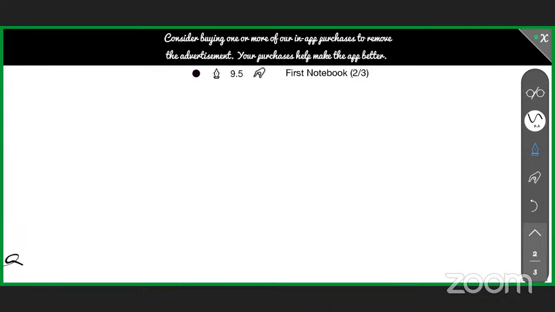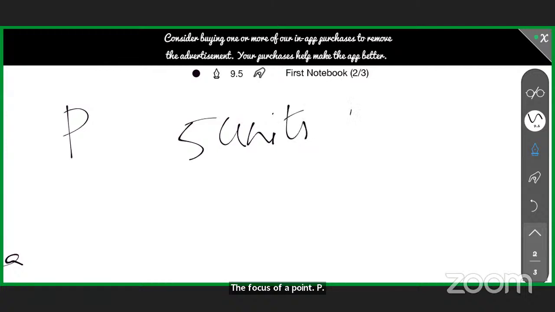The locus of a point P, which is at a distance of 5 units from the x-axis.